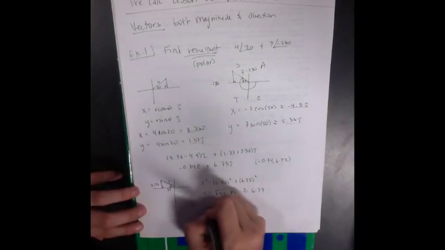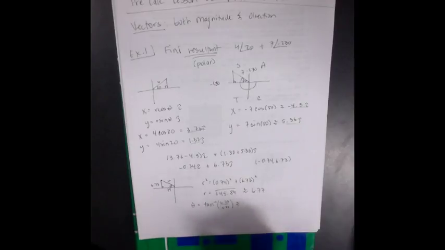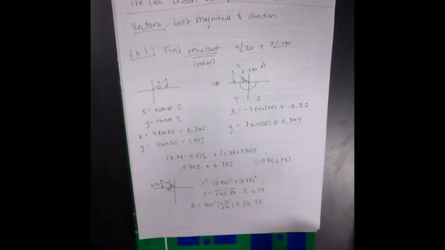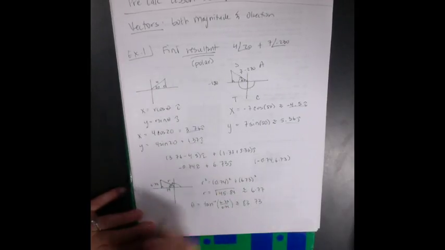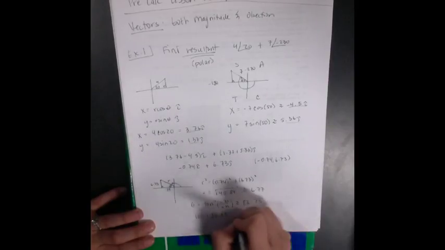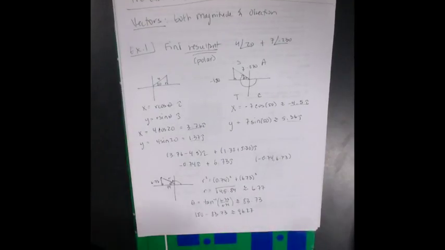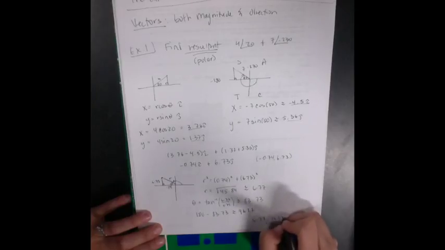And theta is going to be the inverse tangent of opposite over adjacent, which gives me approximately 83.73. But I'm in the second quadrant. Our theta always starts at 0 and goes over. So I need to do 180 minus 83.73, which gives me 96.27. So my final answer, I write in polar form 6.77, 96.27.